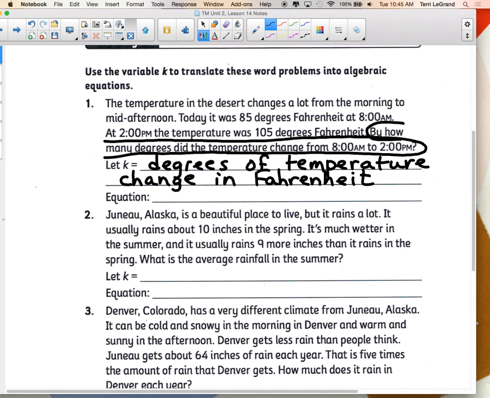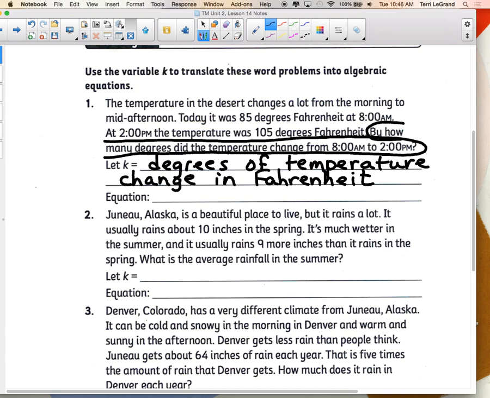No, that's just information that says at this specific time. But what is important, because we need degrees of temperature change, is that we're going to have to work with those degrees that they gave us. They gave us the 85, they gave us the 105, and we know that k is going to represent the temperature change. So who thinks they could come up with an equation for us for this problem?